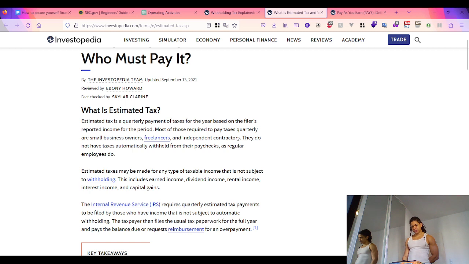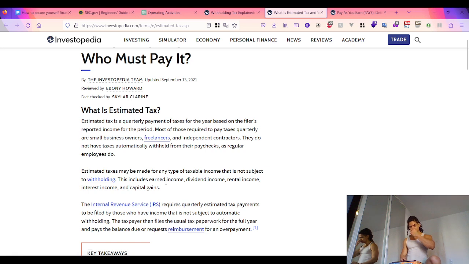They do not have taxes automatically withheld from their paycheck as regular employees do. Estimate taxes may be made for any type of taxable income that is not subject to withholding.